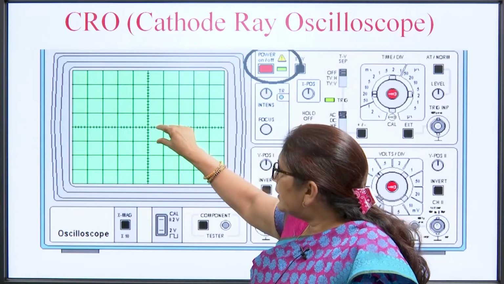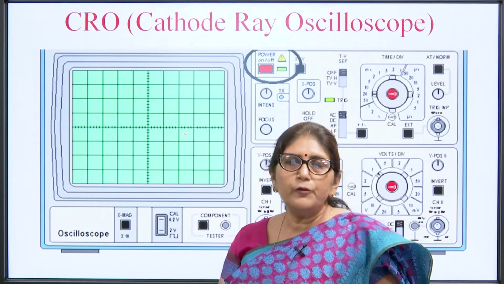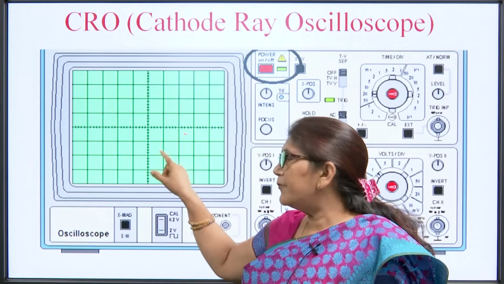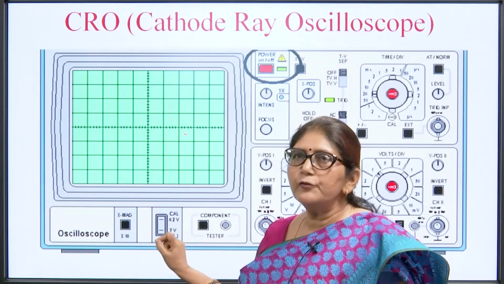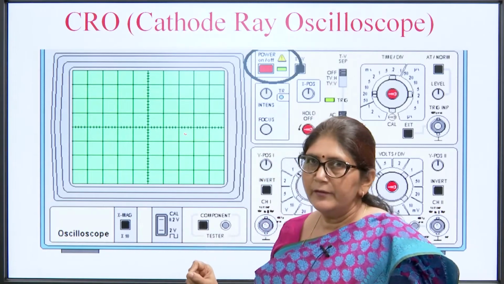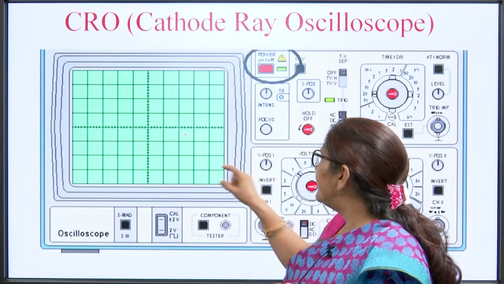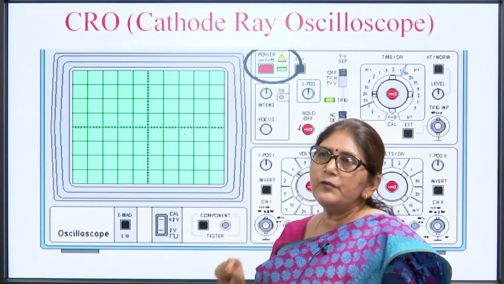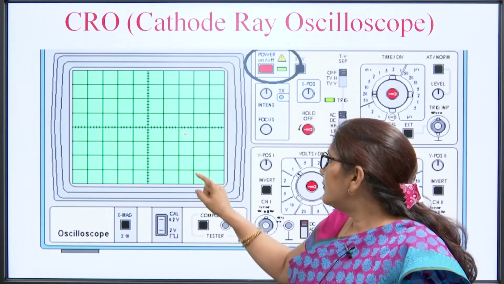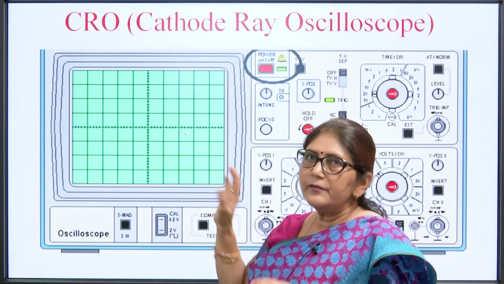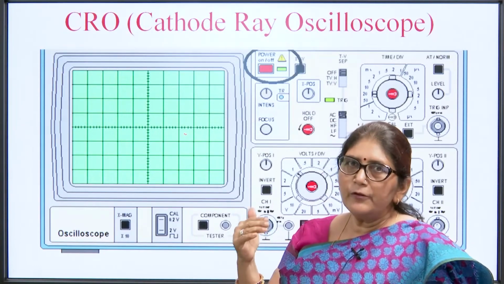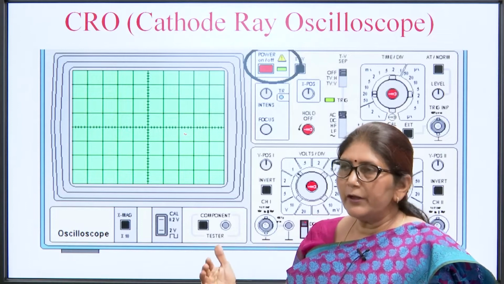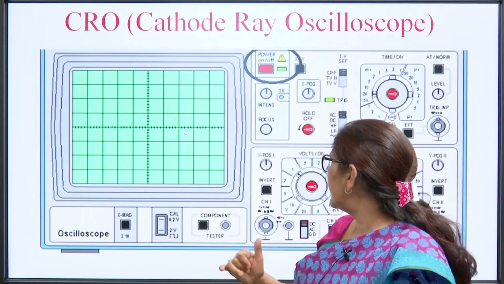Since one division is 2 volts and it has 5 subdivisions, one subdivision value is 2 divided by 5, which is 0.4 volt. So whatever signal is displayed on the screen, we can calculate the value of the voltage, the peak to peak value, and the amplitude of the voltage.